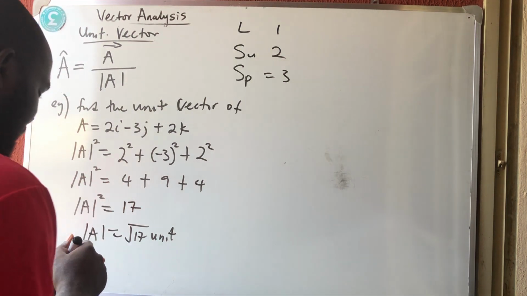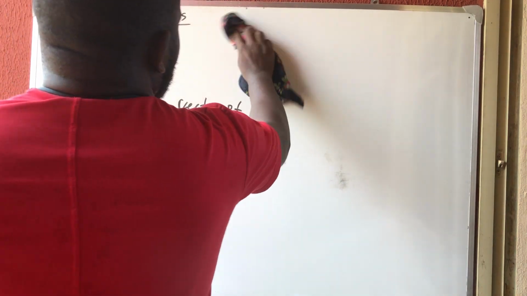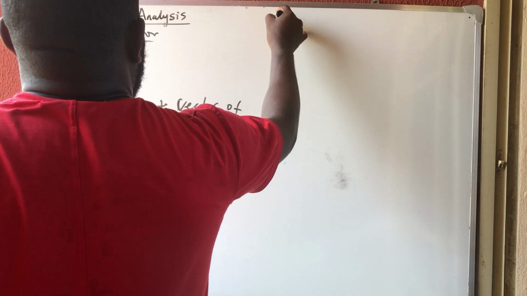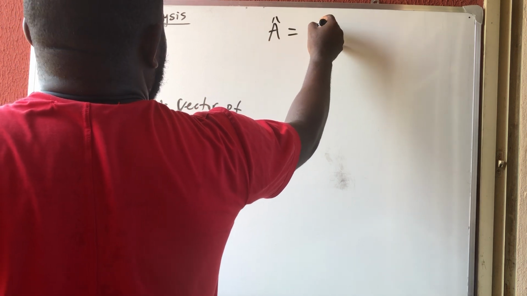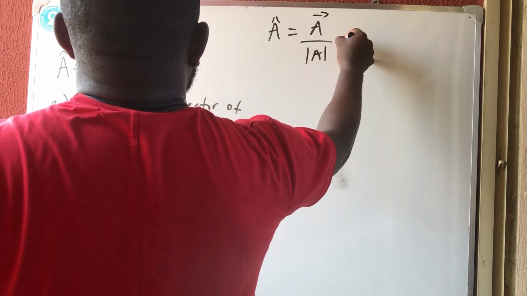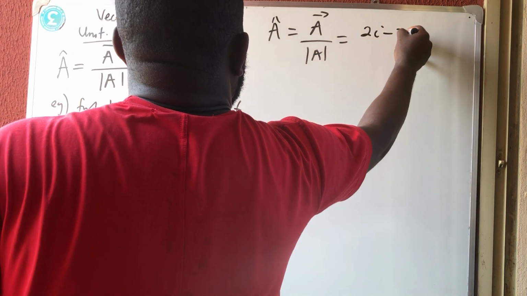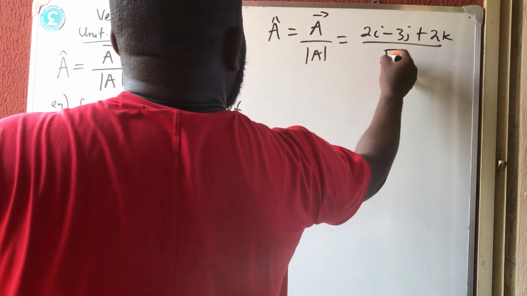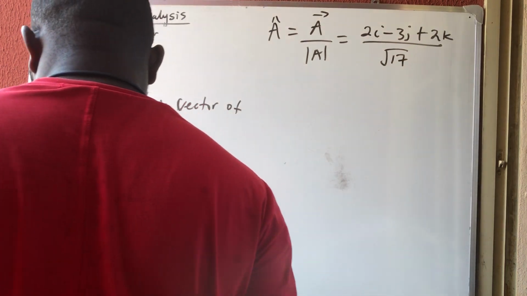We are not looking for the magnitude. We are looking for the unit vector. So the unit vector of A is equal to the vector itself all over the magnitude of that vector, which is 2i minus 3j plus 2k all over the square root of 17. That's all.